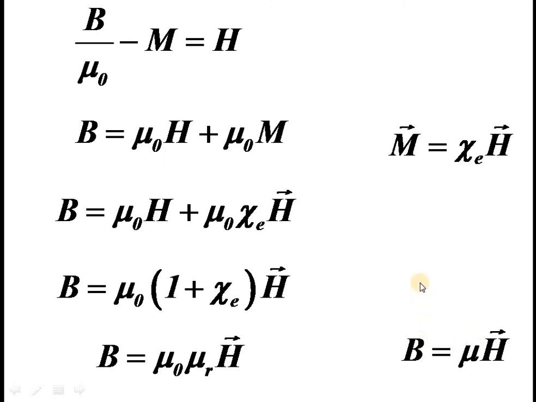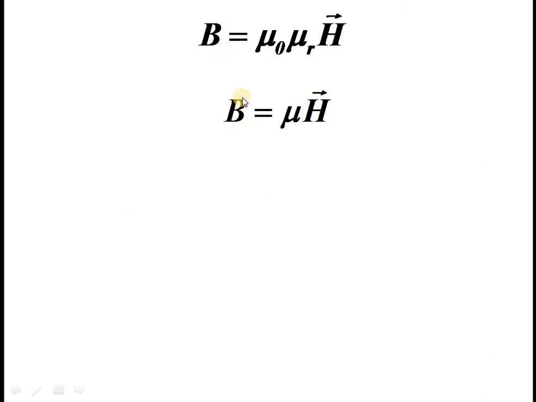Mu is called the absolute permeability of the medium. So you get a beautiful relation: magnetic flux density B equals absolute magnetic permeability multiplied by H. B equals mu times H.